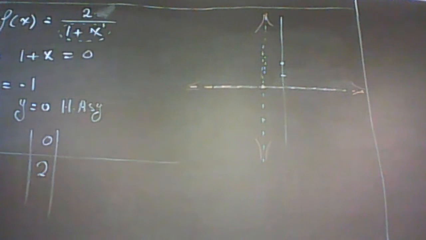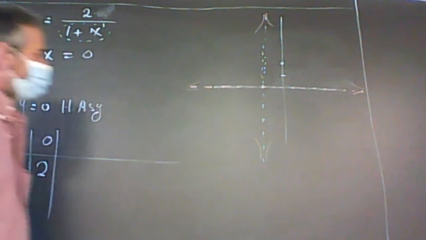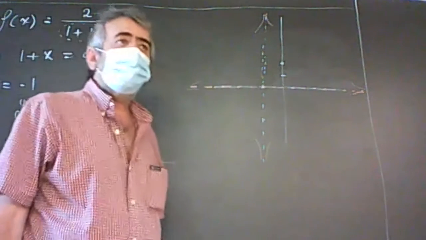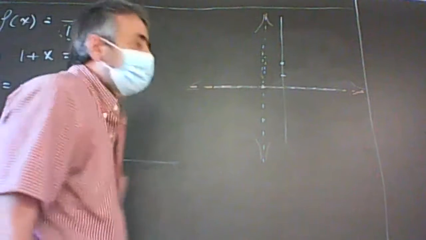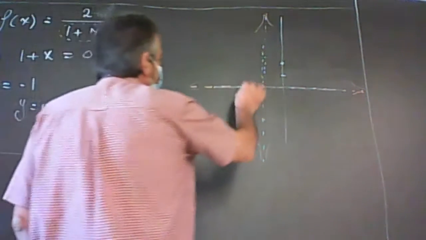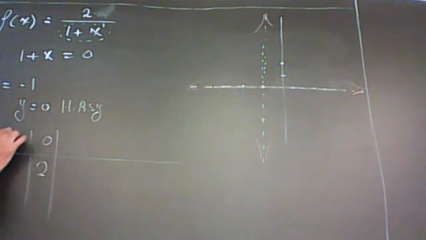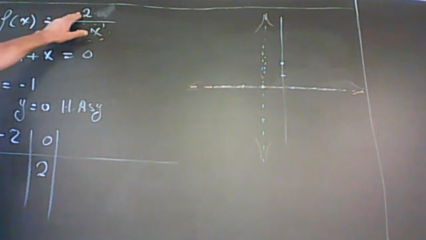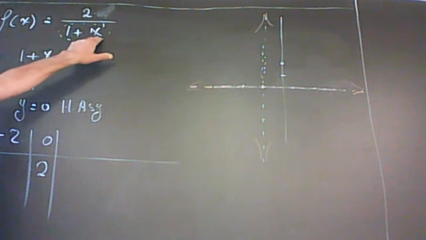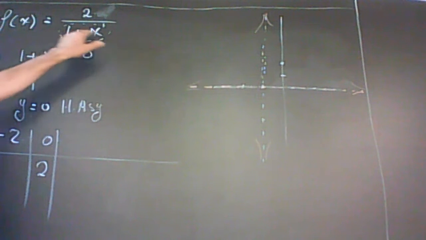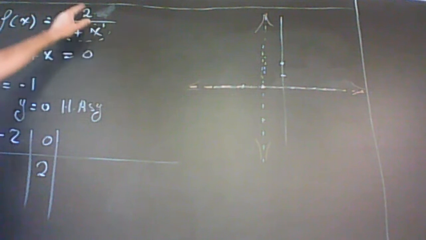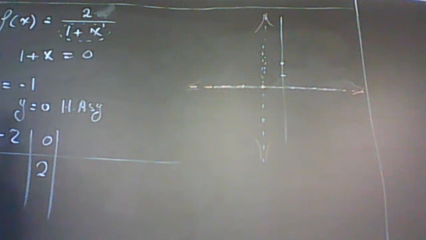Okay? Let's take, for example, anybody have a calculator on them? Let's take x equals -2. If x is equal to -2, then 2 divided by 1 minus 2, right? 1 minus 2 is -1. 2 divided by -1 is -2.